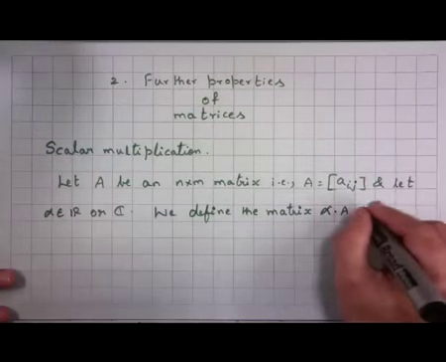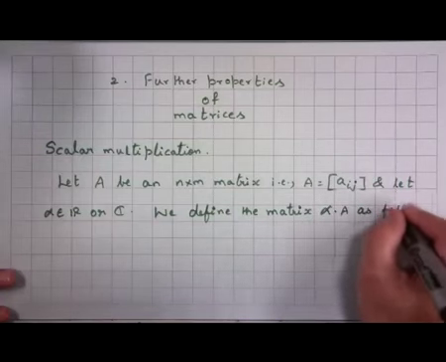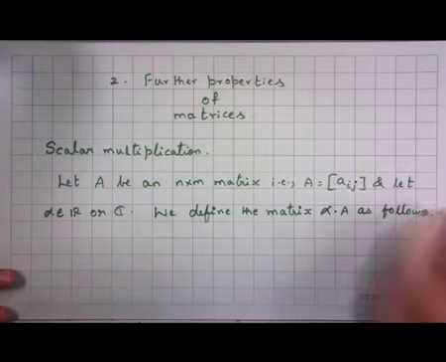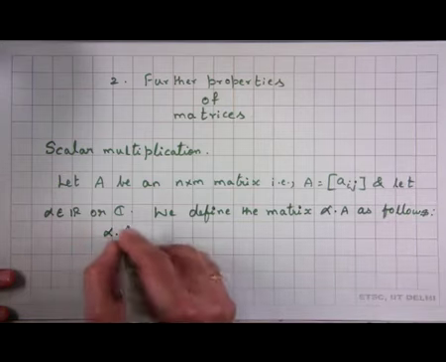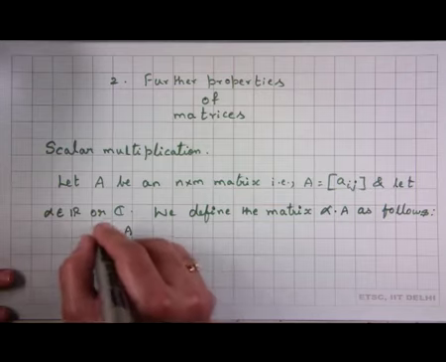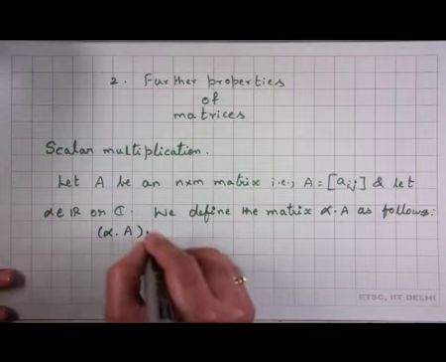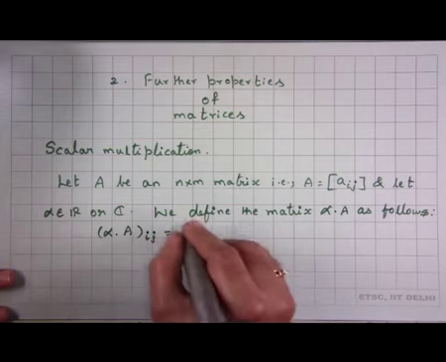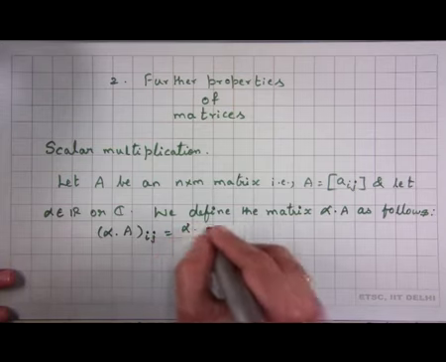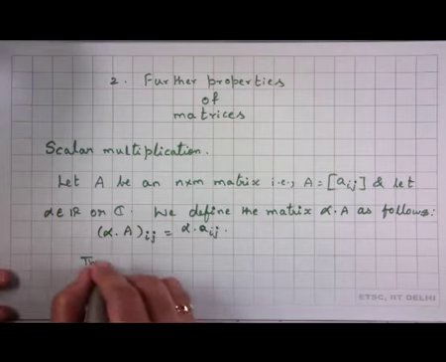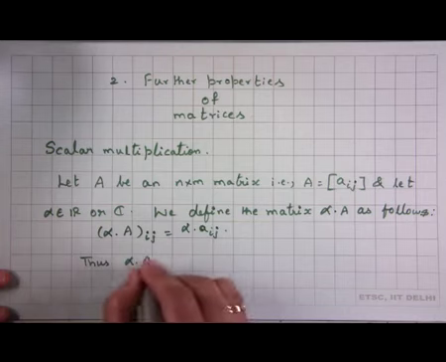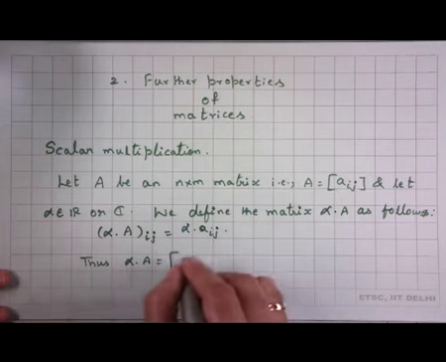We define the matrix alpha dot A as follows: its ijth entry is given by alpha times Aij. Thus the matrix alpha dot A is given by alpha times Aij.